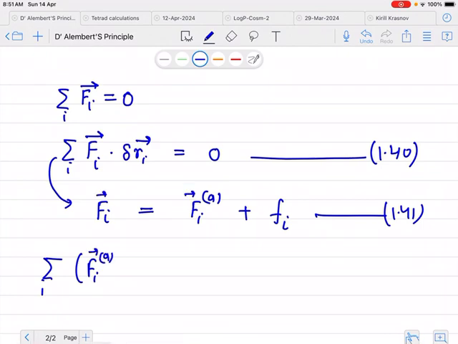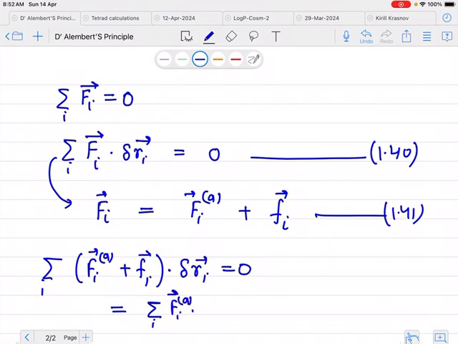These are all vector quantities. So this is the equation.